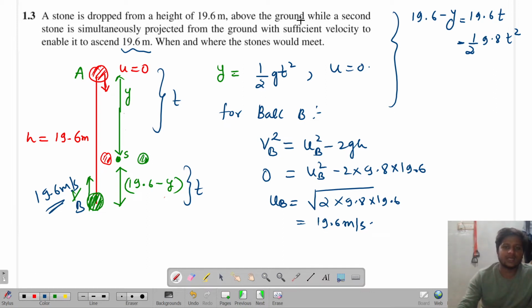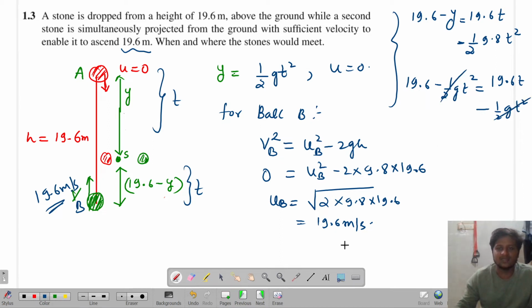And you know that y is equal to half of g t square. So 19.6 minus half of g t square is equal to 19.6 t minus half of again g t square I am writing. So this and this got cancelled and t becomes how much? 1 second. So time is how much? 1 second or not? Tell me yes or no. Got it or not?